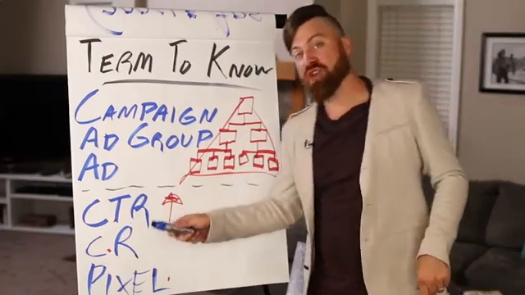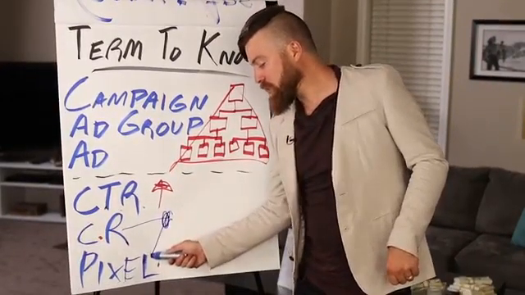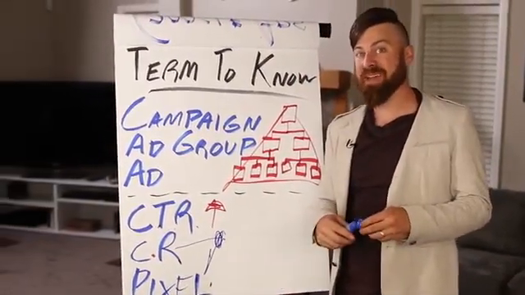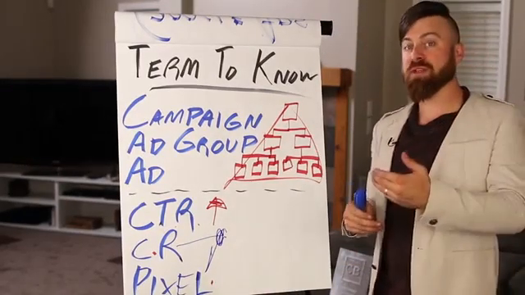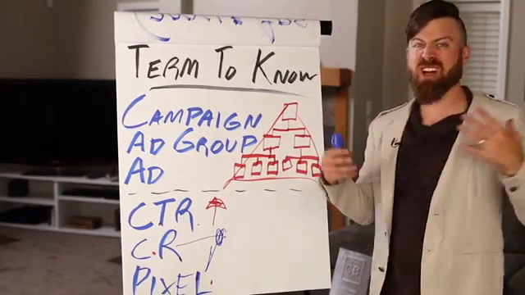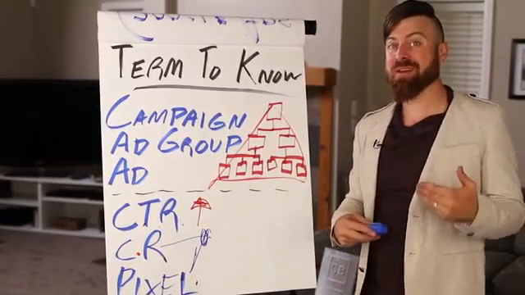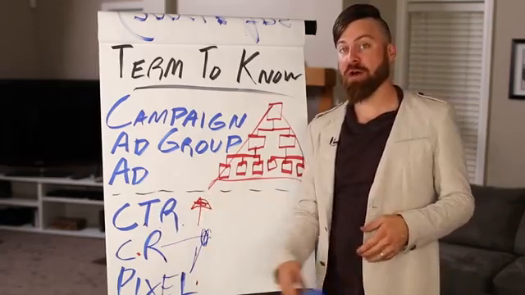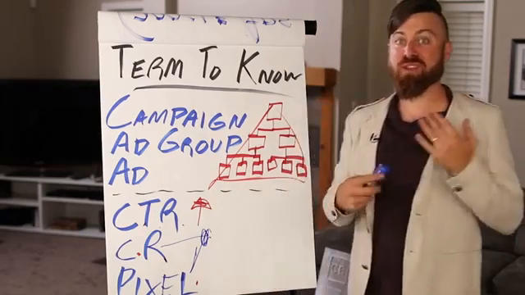The way you actually measure if people are buying on your site is you use what's called a conversion pixel. Again, you can Google these terms. There's a lot more information on how you can use a conversion pixel and how you can optimize data based on CTR and CR, but I'll leave that for another video in the future.